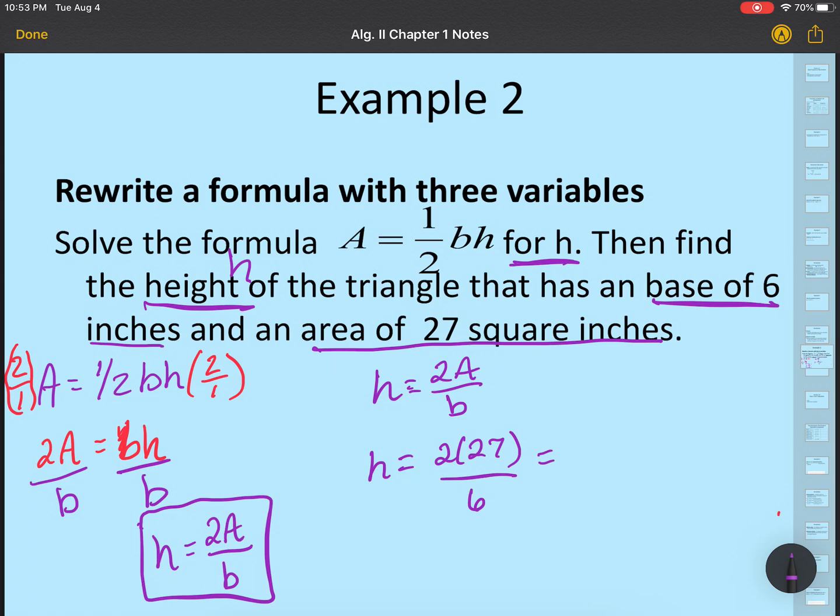So I need 2 times 27. That is 54. And I'm dividing that by 6 inches. Well, 54 divided by 6 is 9, and we're working in inches. So my height equals 9 inches. So my triangle is 9 inches tall.